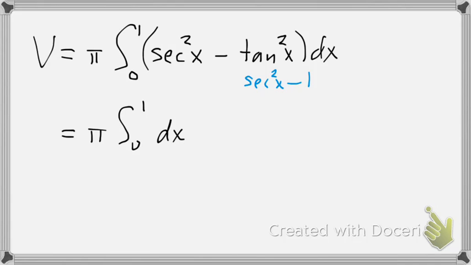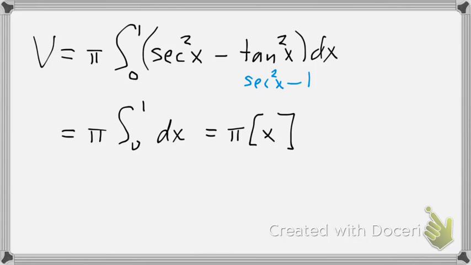Secant squared minus secant squared, gone. Minus a negative 1 is 1. You can write a 1 if it makes you feel better. But you don't have to. And this is definitely one of those situations of so easy it's hard. What's the antiderivative? So easy it's hard.